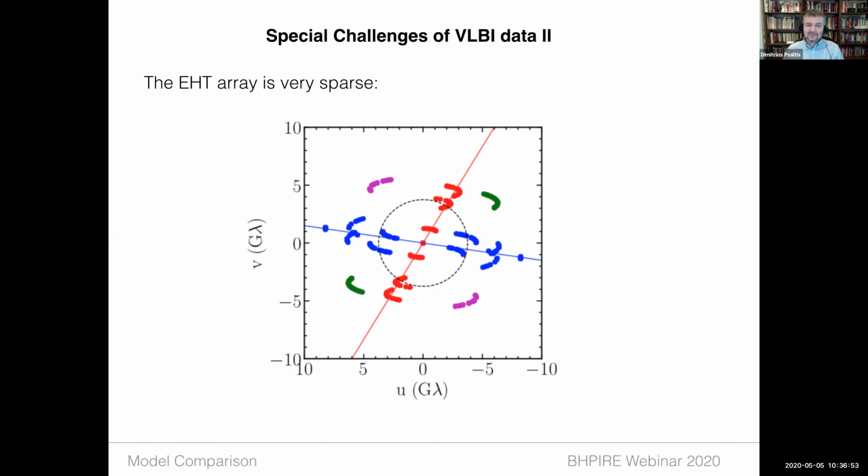And therefore, when you look at the coverage in Fourier space of where we put telescopes, you see incredibly large patches of emptiness. In the 2017 observations, we had two main orientations, the blue and the red. The red orientation is north-south, primarily the telescopes along the Americas, in Arizona, Mexico, and Chile, and all the combinations.